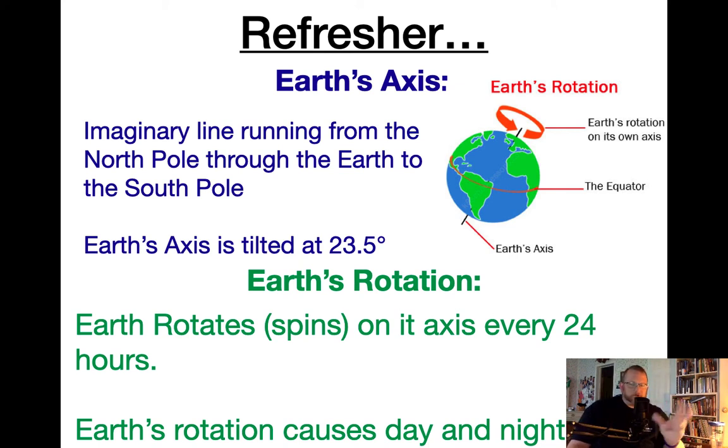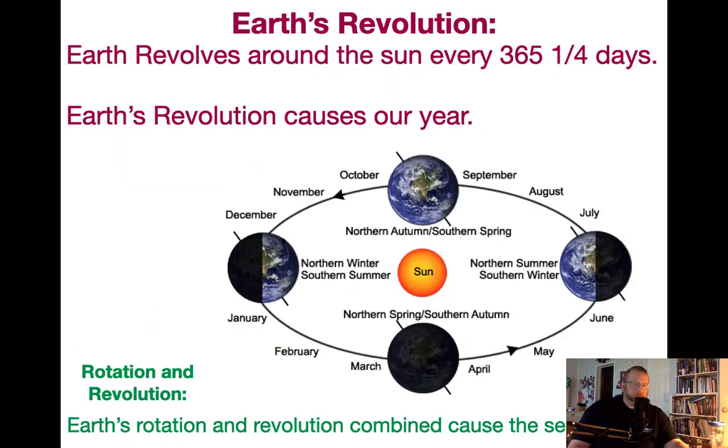Rotation, the Earth rotates on its axis every 24 hours. That's day and night. Revolution, it revolves around the sun every 365 days. Revolution causes the year. Rotation causes day and night. Revolution causes the year.